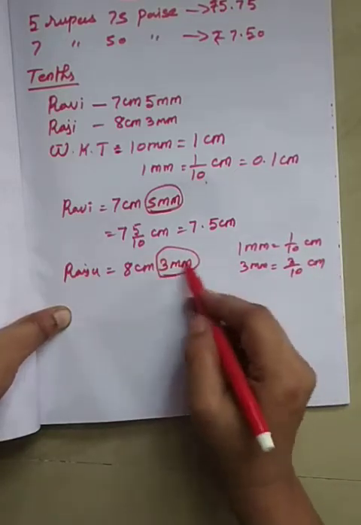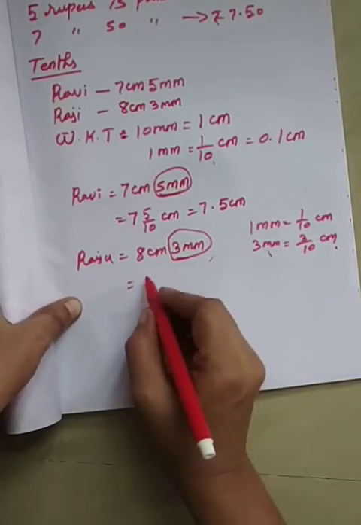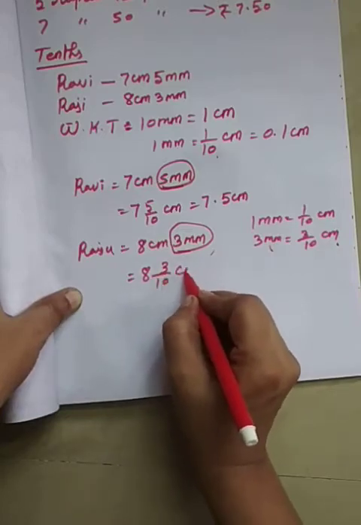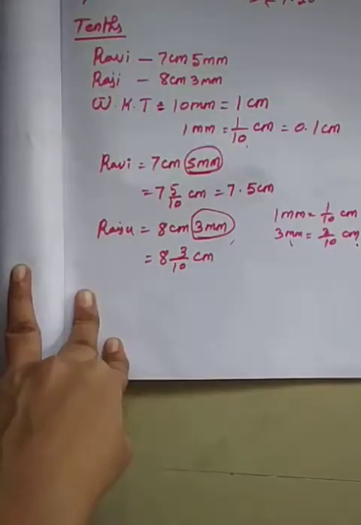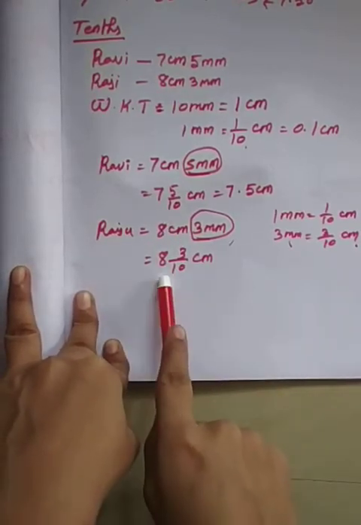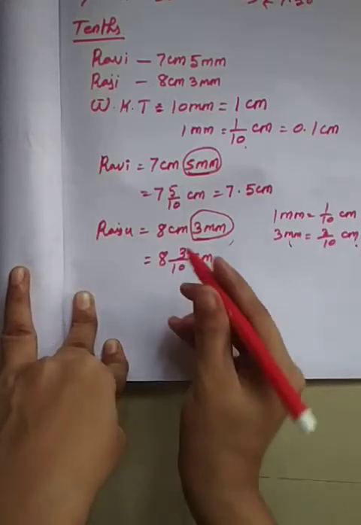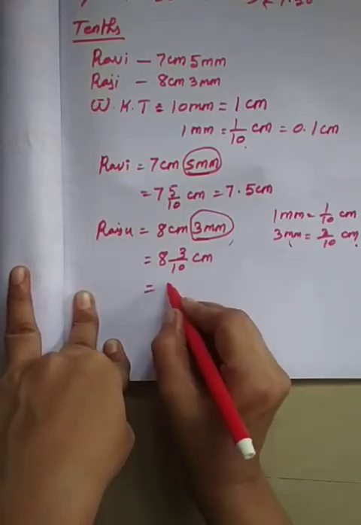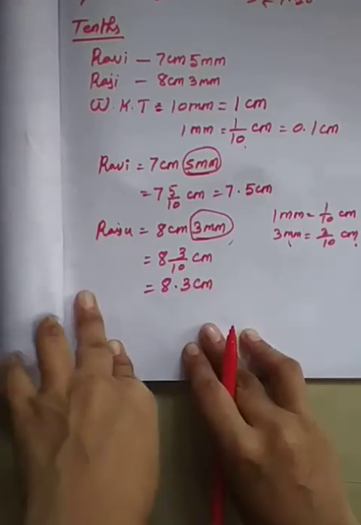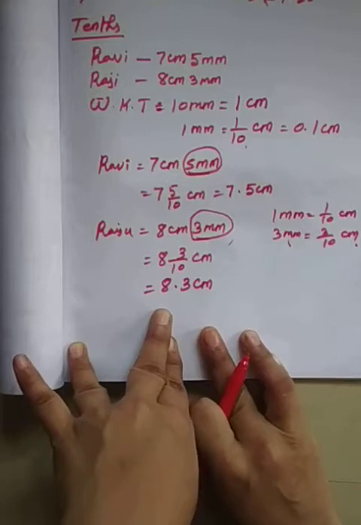So 8 centimeter and 3/10 of a centimeter. So we can say 8.3 centimeter. Everybody clear?